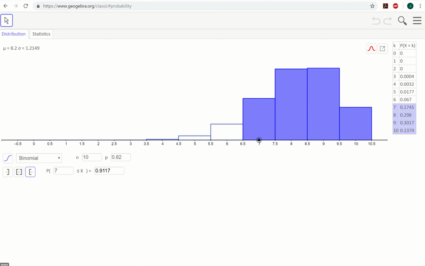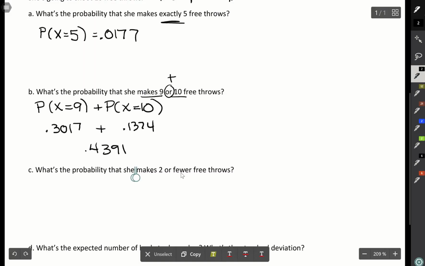So for our example, we want to look at that she makes 2 or fewer. For 2 or fewer, that's going to be the left-hand side. So with that fewer, what we're looking for here is the probability of x being less than or equal to 2. And do be careful here of whether or not you have equality, because that will matter.